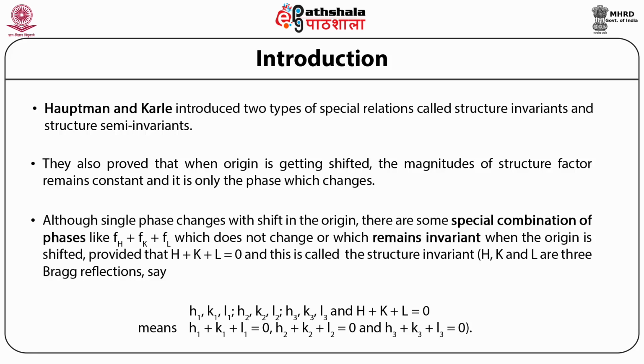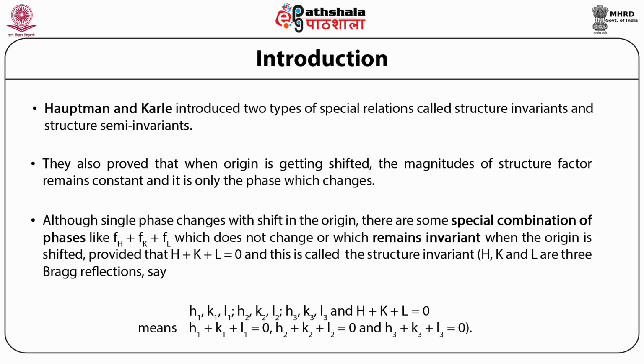When I say capital H, capital K, capital L, by each one of these I mean a reflection with 3 serials. By capital H I mean the h1, k1, l1 reflection. By capital K I mean the small h2, k2, l2 reflection. And by capital L I mean the small h3, k3, l3 reflection. By saying H plus K plus L equals 0, I add all the h serials, then the k serials, then the l serials.